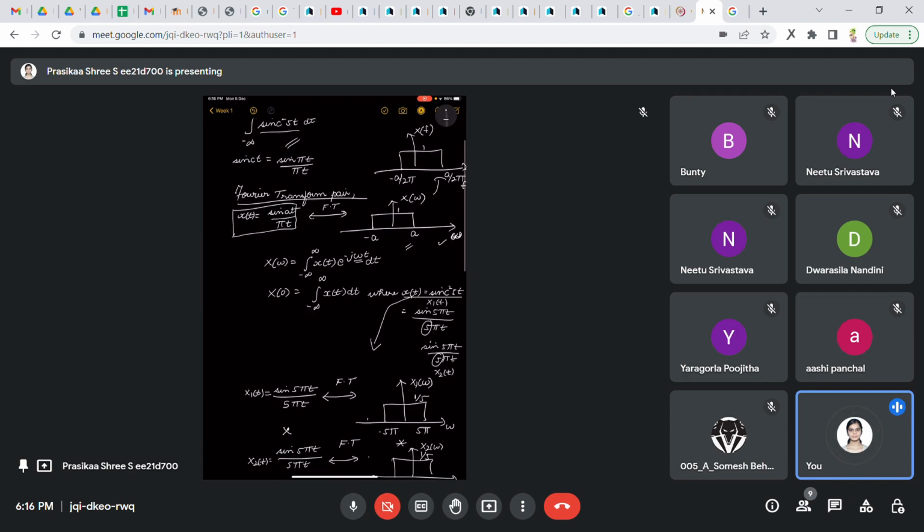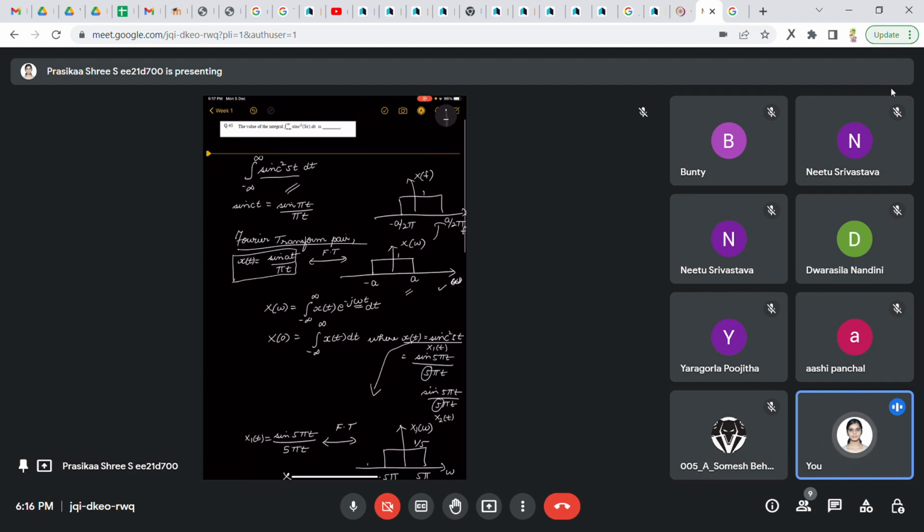Now we need to compute the energy under the curve sinc pi t, or the area under the curve sinc square pi t. In order to compute this, we need to compute the Fourier transform. Step 1 is the Fourier transform of sinc square pi t, call it y of omega, and then put omega to be 0.